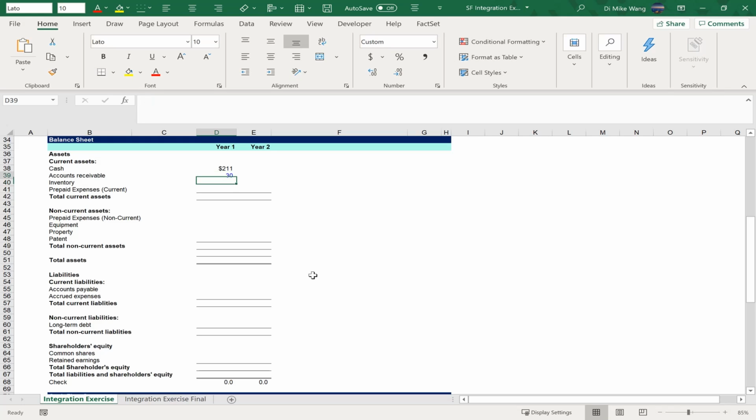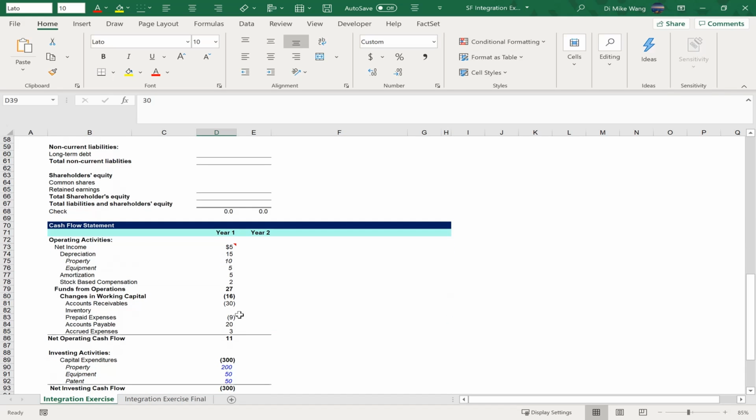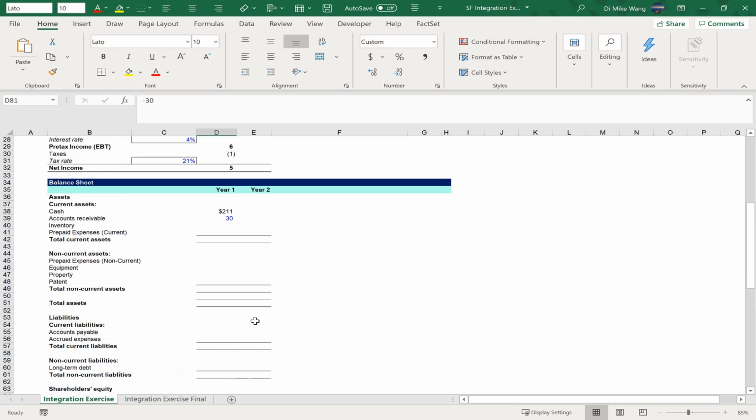So this addition to an asset means that cash is tied up and was reflected in our changes in working capital section under the cash flow statement. So you can see that this number right here is -30. We didn't have any inventory left over for the end of year one, so we'll keep that at 0.